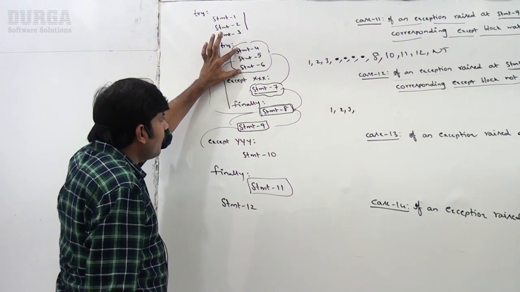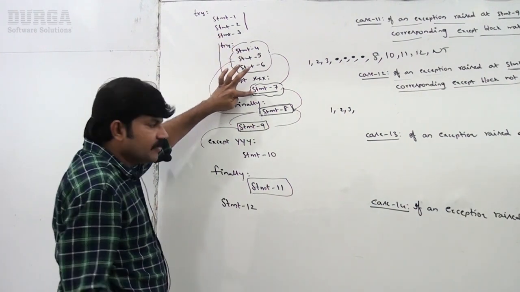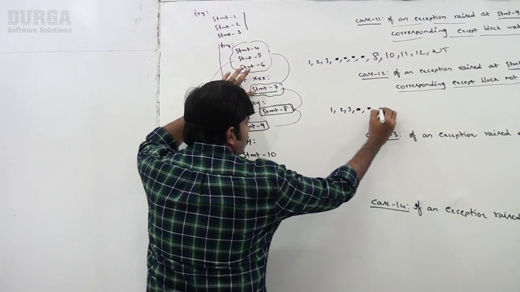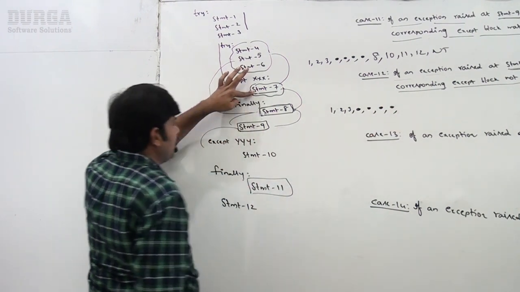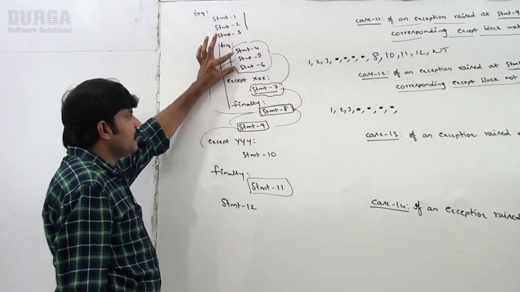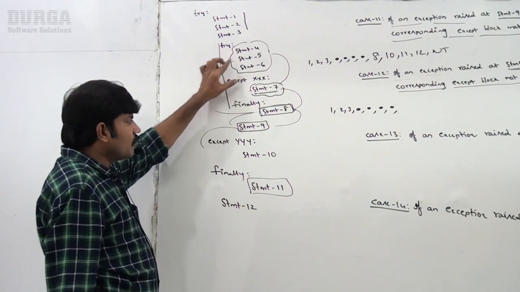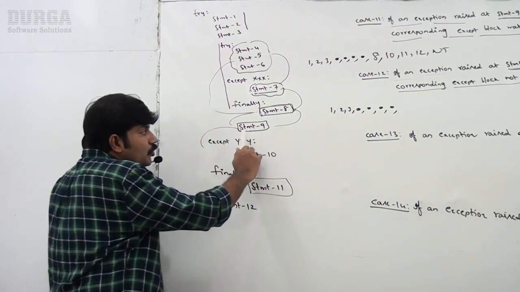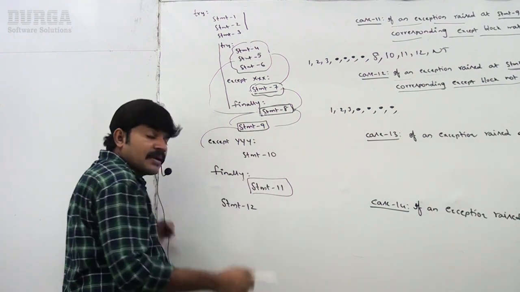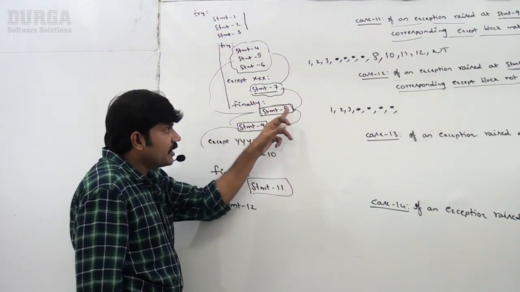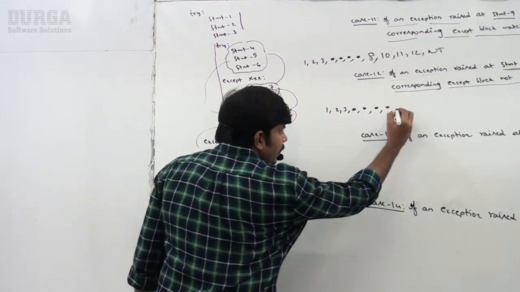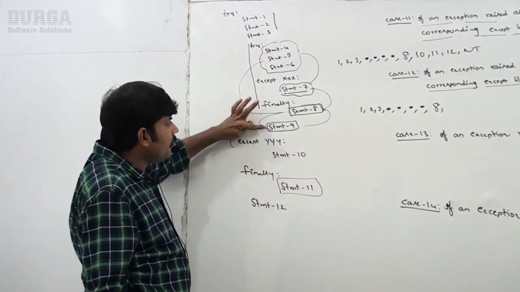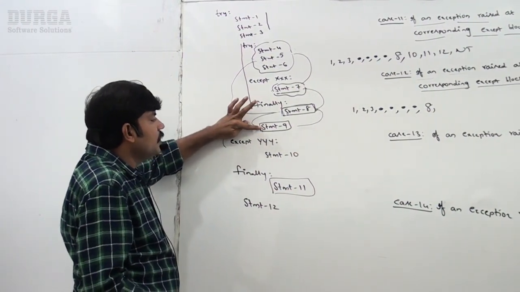Next 4, 5, 6, 7 may or may not, because with exception or without exception the control will come to 9. But to reach statement 9, statement 8 should be executed. Statement 8 executed.